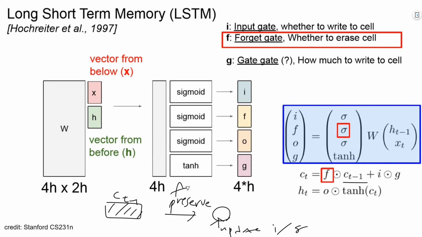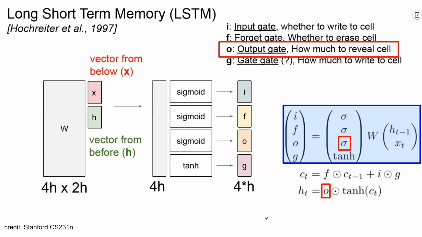The forget gate determines which information to preserve and which information to forget, and the input gate and G gate determine how to update new information. And what about the output gate? It determines how much to reveal of the cell to this hidden state. Okay.